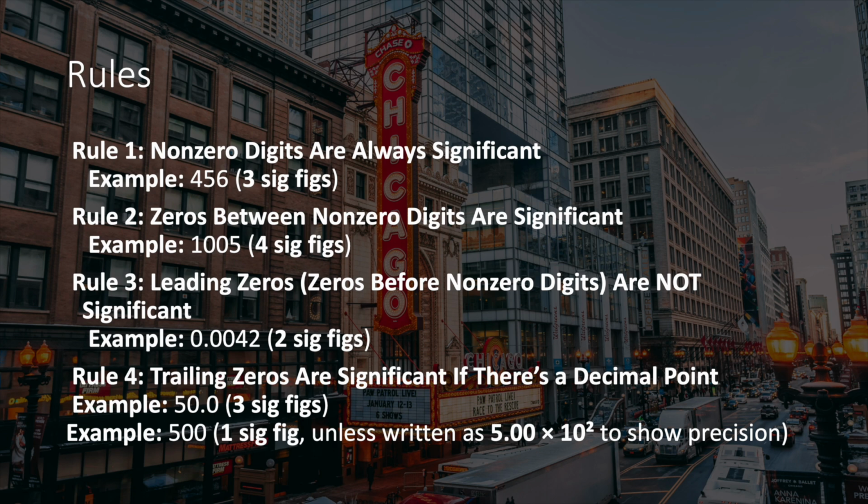There are four rules you need to know for significant figures, just to find out how many significant figures are in a number. Non-zero digits are always going to be significant, no matter what. So any number between 1 and 9 will be considered significant. Zeros between non-zero digits are significant.